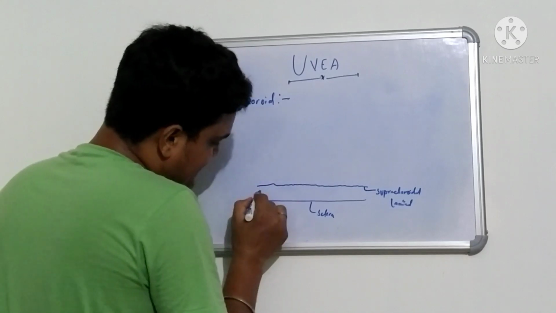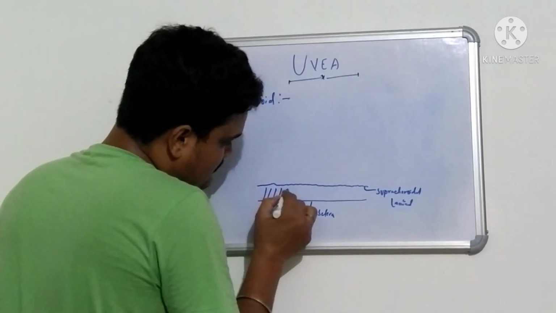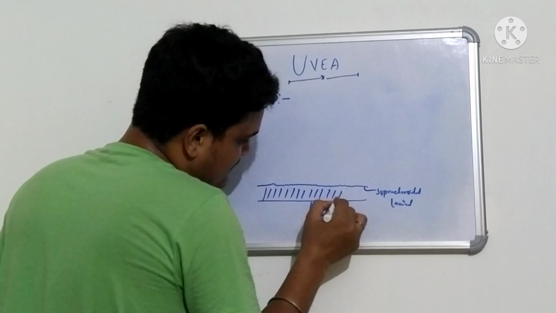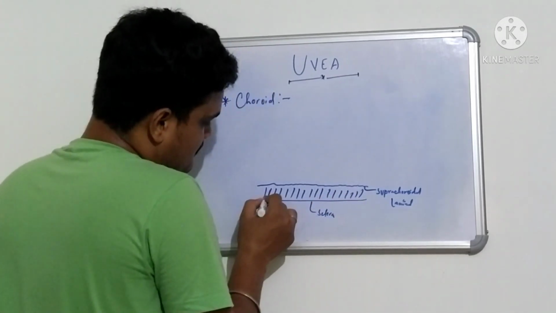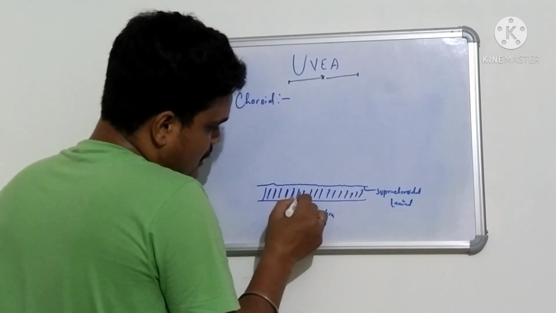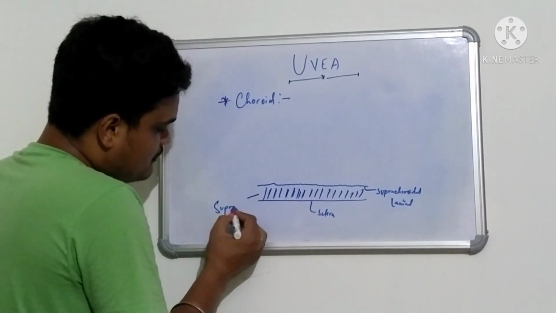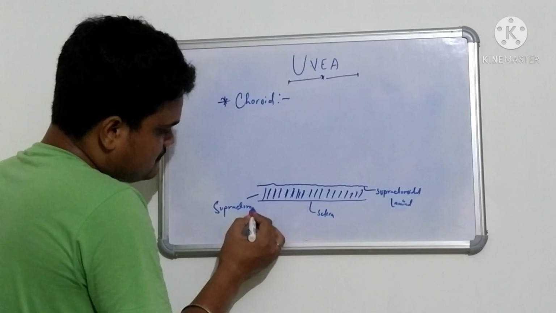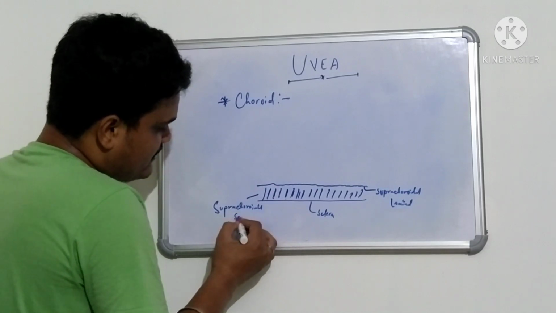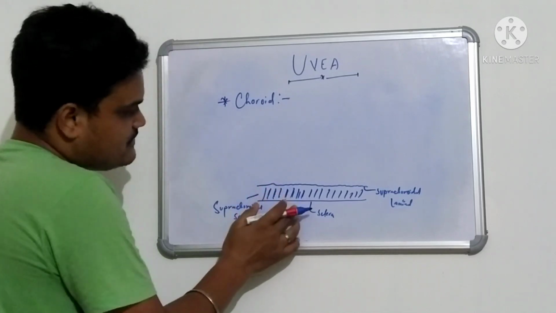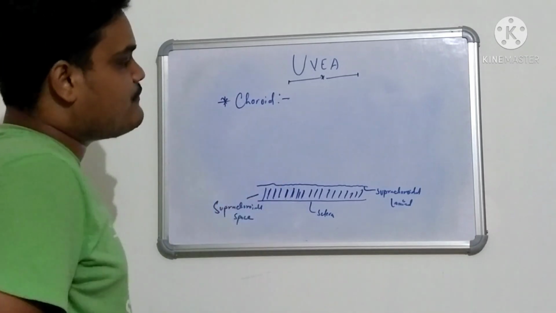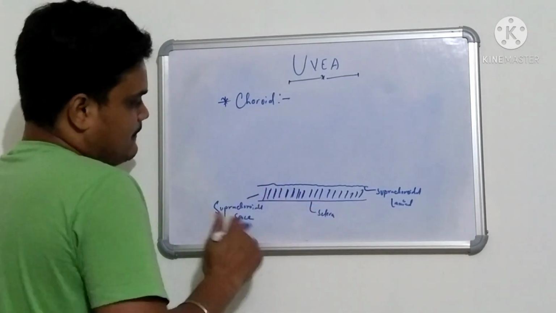Now the space in between this suprachoroidal lamina and the sclera is called the suprachoroidal space, the space between the sclera and the first layer of choroid, the suprachoroidal lamina.